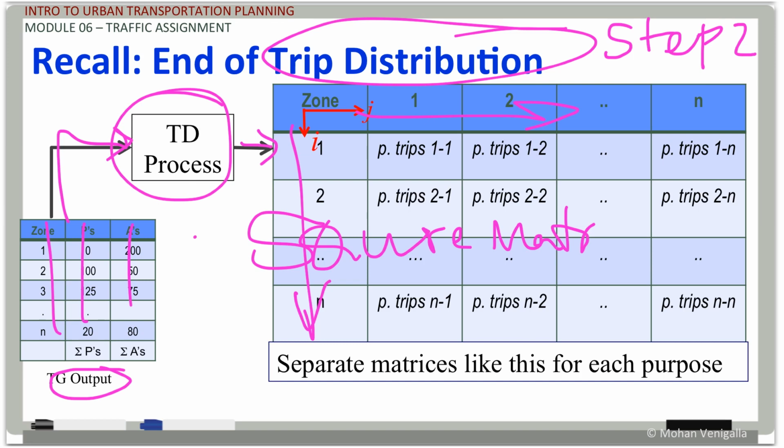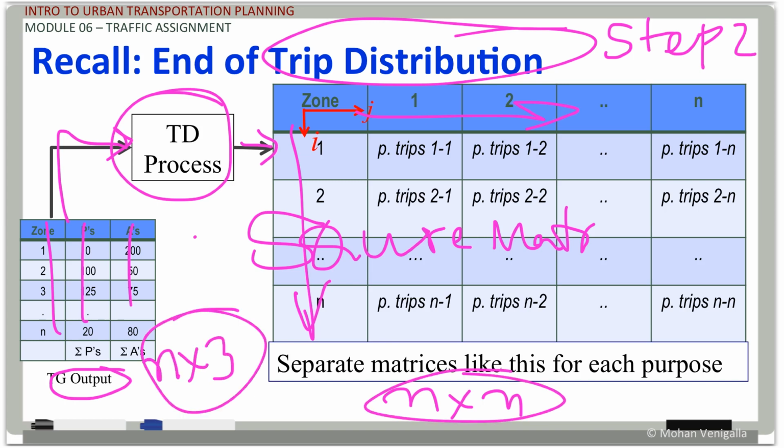This is n times n, this is n times 3. So that's the difference. Now, one of the most important things you have to keep remembering is here we have person trips as well as here person trips. We haven't gone to the vehicle trips yet.